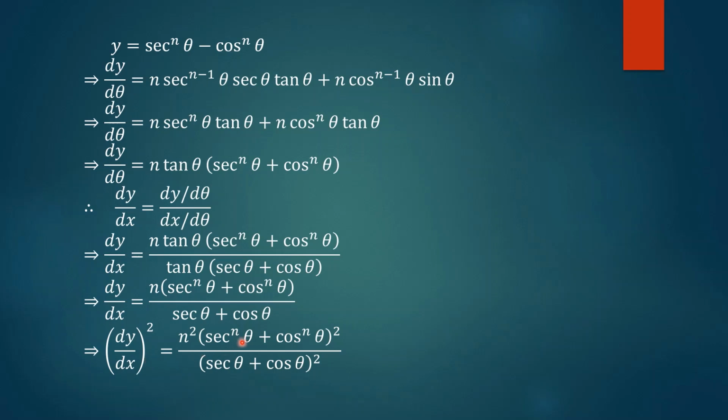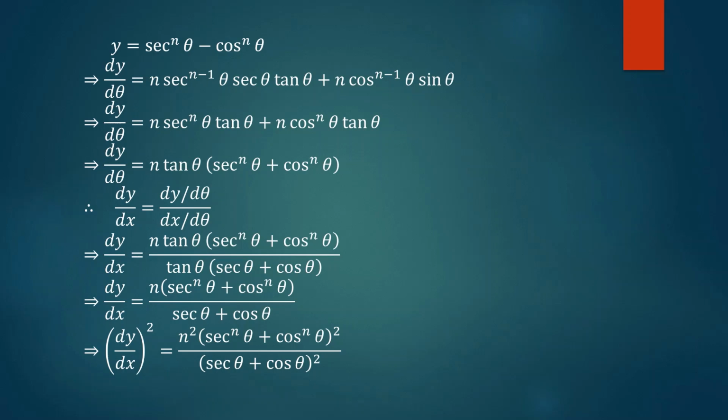Then you see, consider this a plus b whole square. So a plus b whole square will be equal to a minus b whole square plus 4ab. We have the formula. Similarly here also, it is sec minus cos whole square, then plus 4 into sec into cos. Is it not? So we use that one.